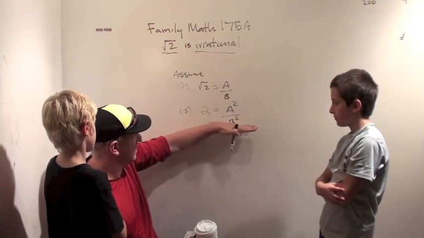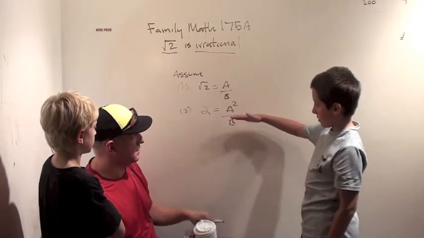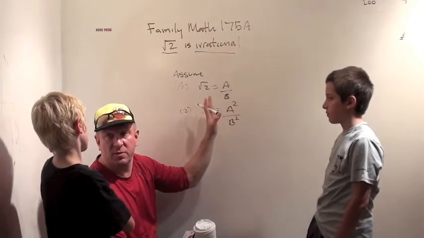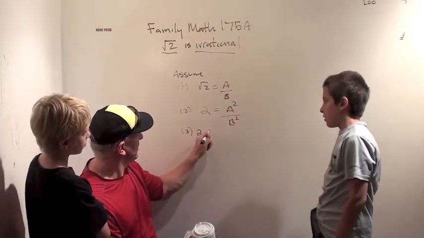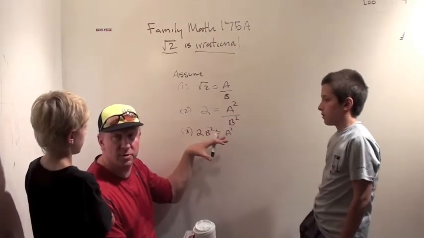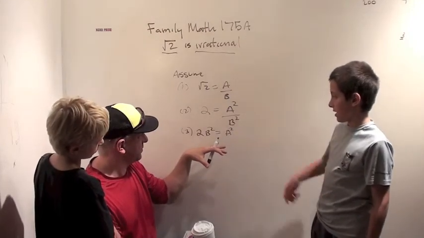We would like to simplify this expression. What's making this expression complicated? The fraction. So we multiply both sides by b squared, and we get 2b squared equals a squared, where again, a and b are in lowest terms. So this means that a squared is even.